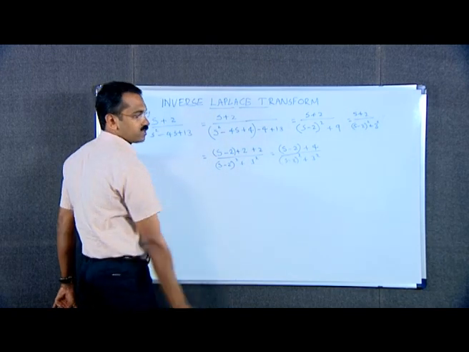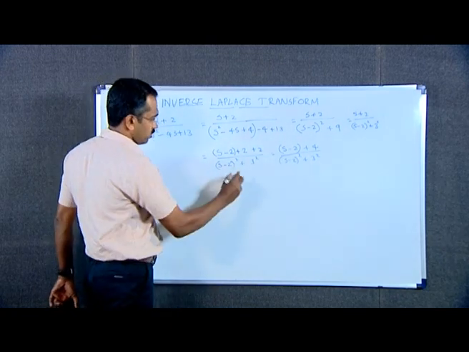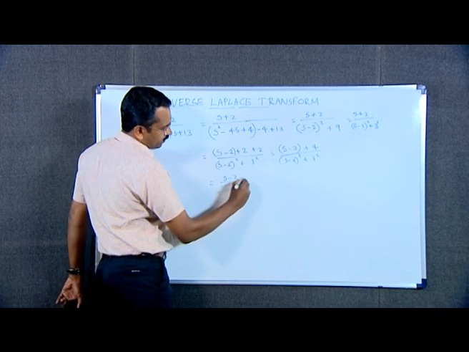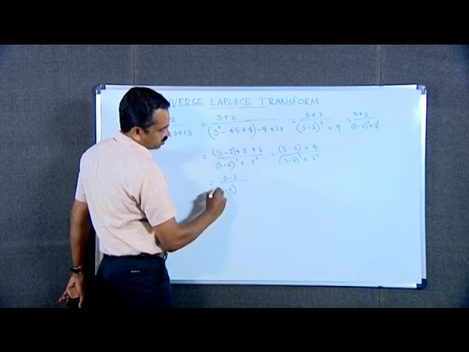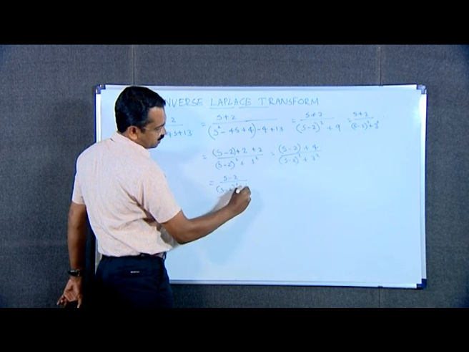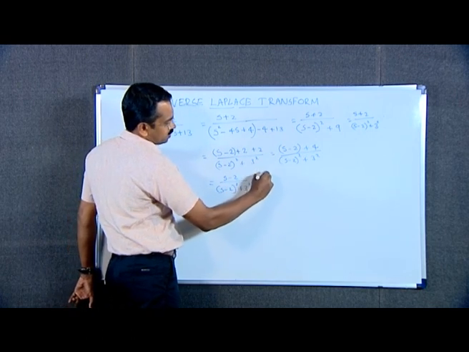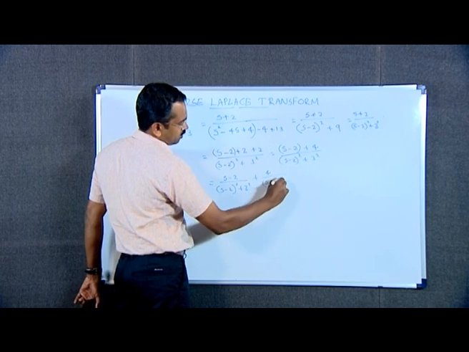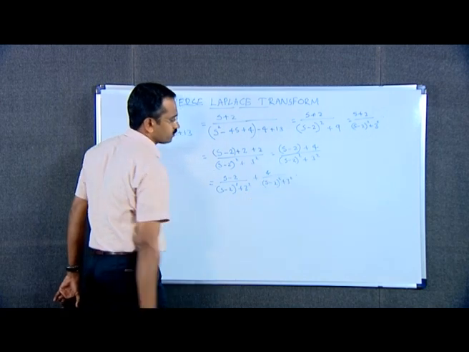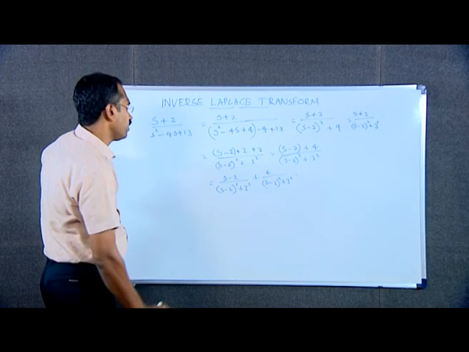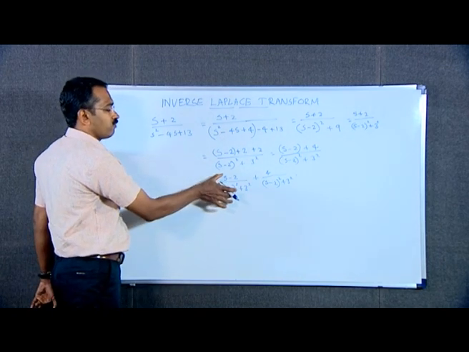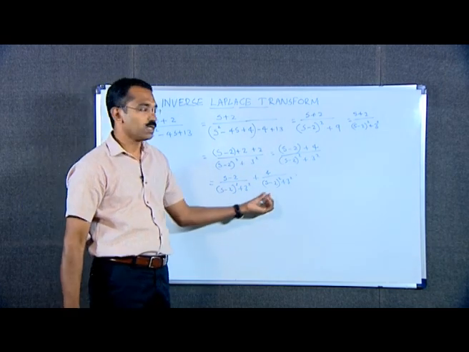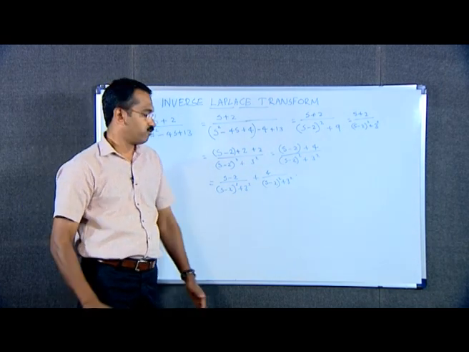Now split into two terms, which is equal to s minus 2 divided by s minus 2 whole square plus 3 square, plus 4 divided by s minus 2 the whole square plus 3 square. Now we can take the inverses because these two terms are in the standard form.